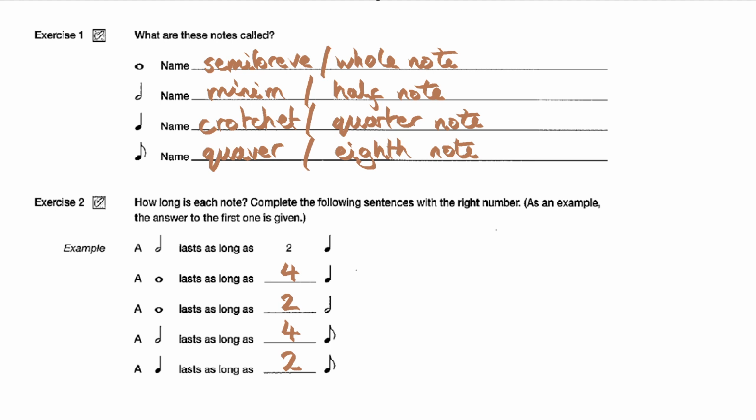Okay, so now that we've done our first couple of exercises, we can have a little look at bar lines and time signatures, which allow us to group some of these symbols together into music, which we can perform, and we could perform as a group.